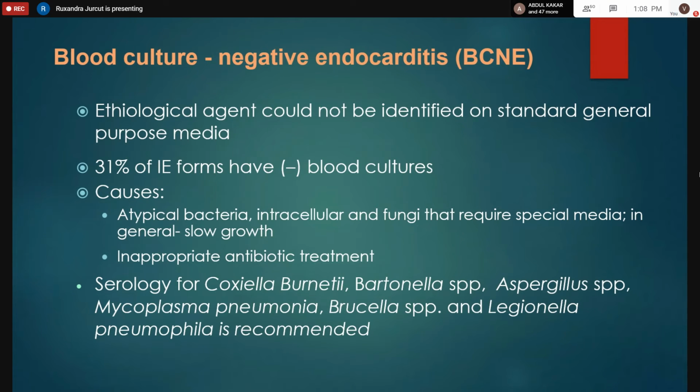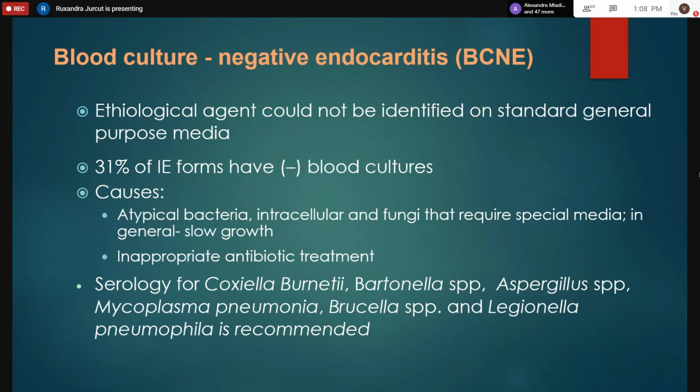It also can be caused by the fact that the patient had some antibiotic already, which made the growth of the bacteria maybe slow, but usually without sterilizing, because we usually look at this due to the fact that the patient still has symptoms. And then there are other germs which can give endocarditis, which do not grow on media, but you need to do a serology.